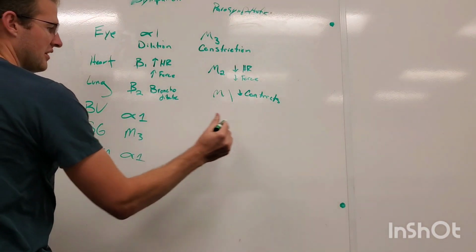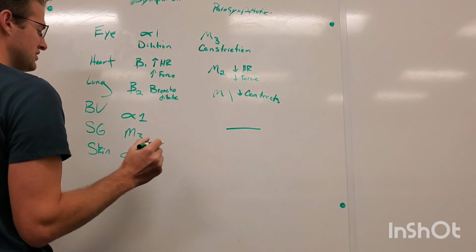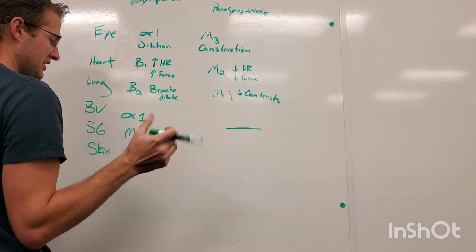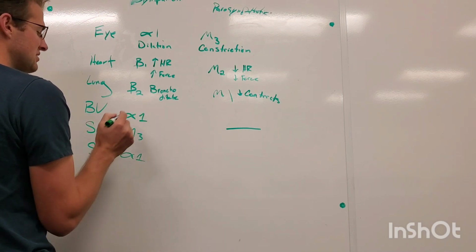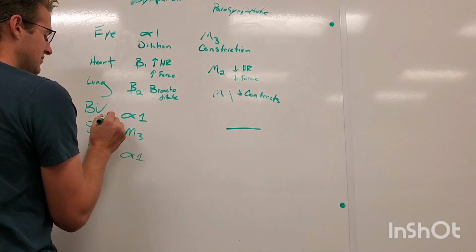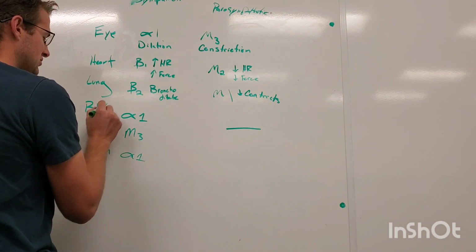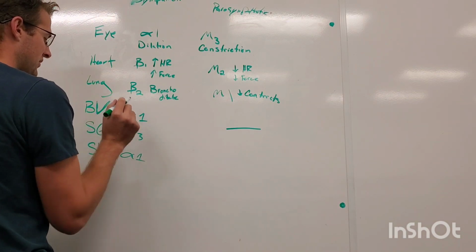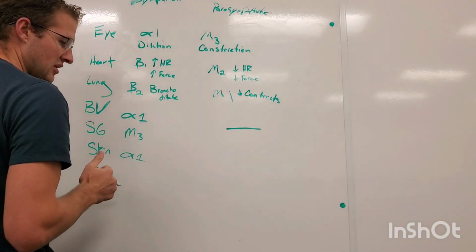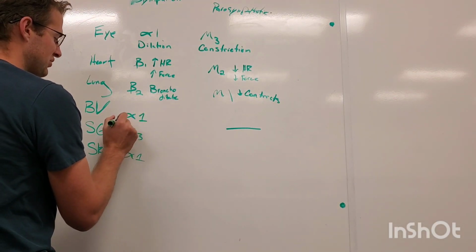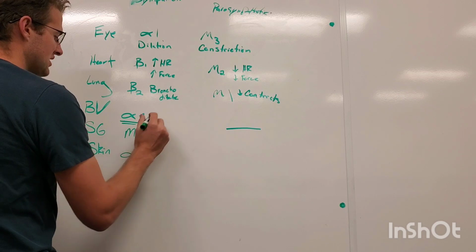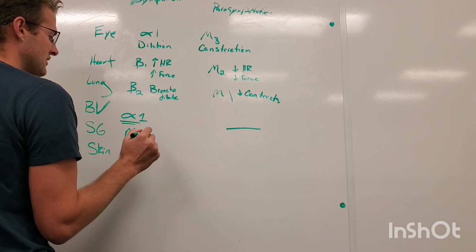Blood vessels, they don't have a parasympathetic division, so the only way to really regulate this is to limit our sympathetic response. So these are going to be an alpha-1, so if you have epinephrine, norepinephrine especially likes this alpha-1 receptor.